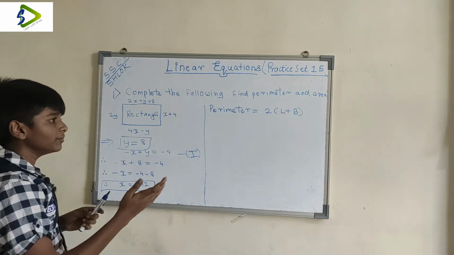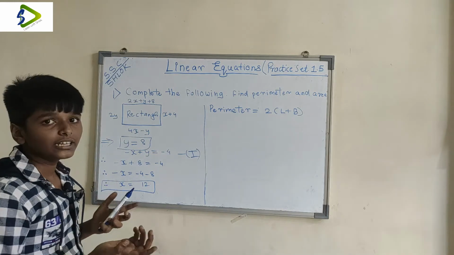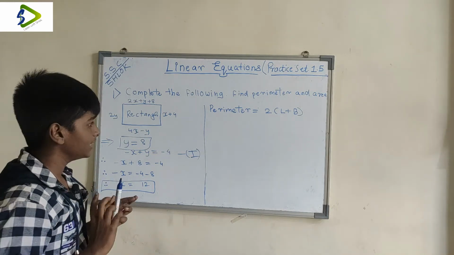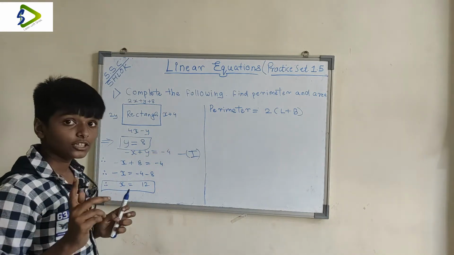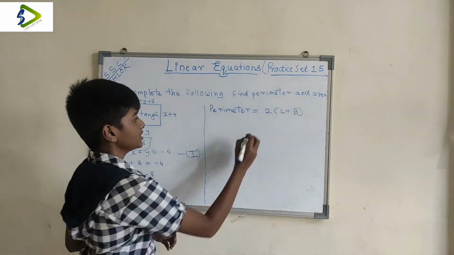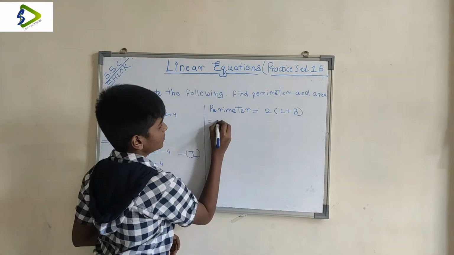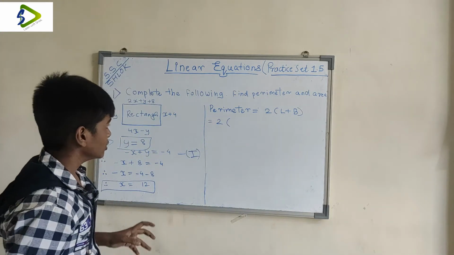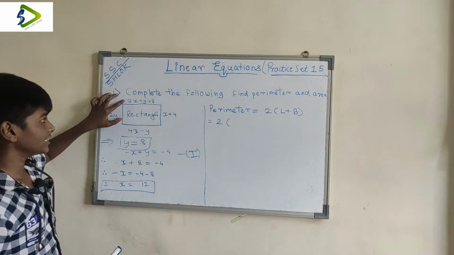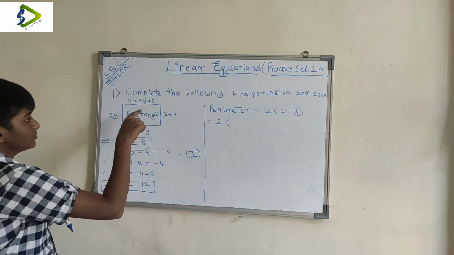Now here many people say this is the length, many people say this is the length. You can consider anything as the length and anything as the breadth, just that they should not be opposite sides. Okay, so first let's write 2 times length. You can take length as this one, whatever you want. I am taking, let's say, this one.